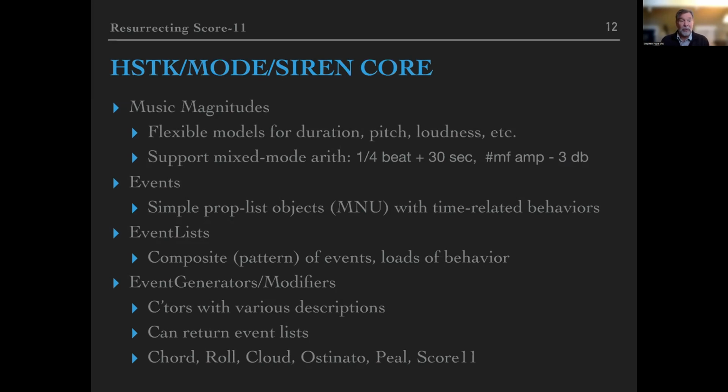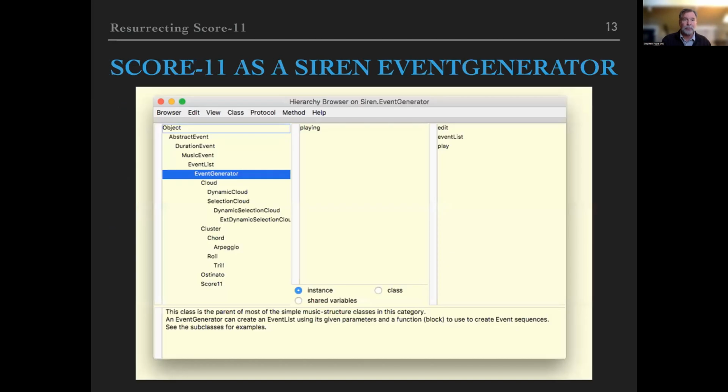So a simple one would just be a chord. If I said a C major chord, give me your events, I think you can all understand that would probably give me the notes of that chord. Or a roll, we just say, repeat this event really fast. So those are examples of event generator objects.